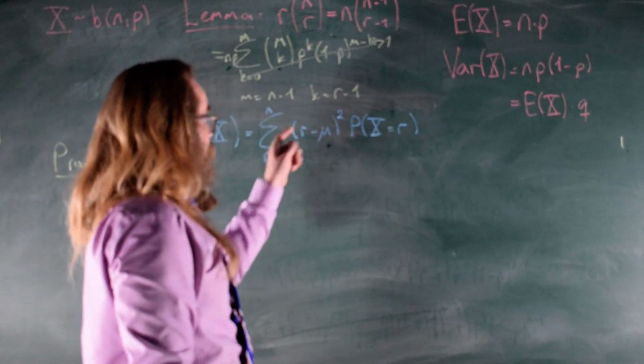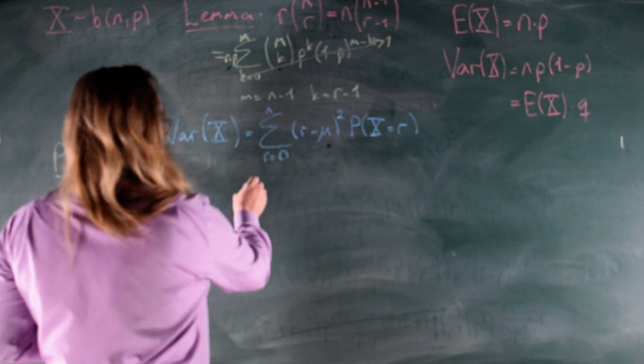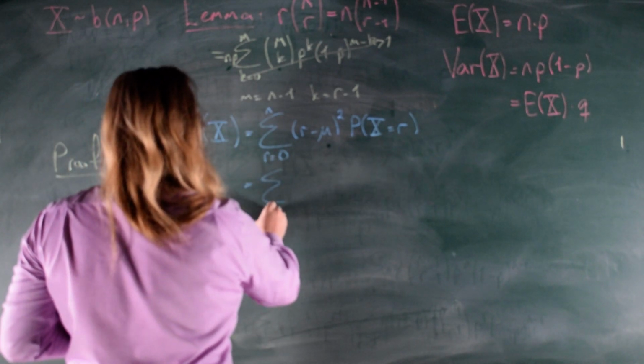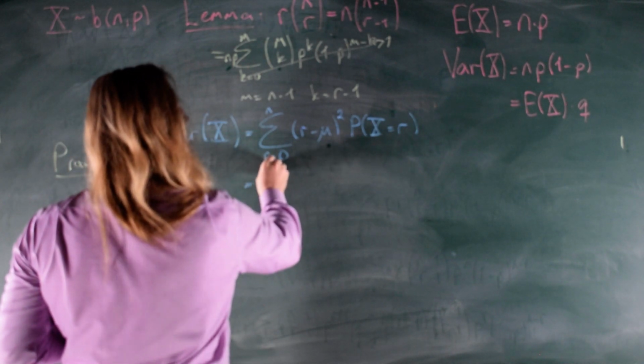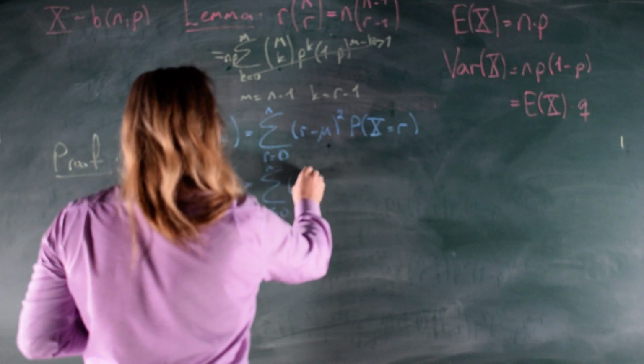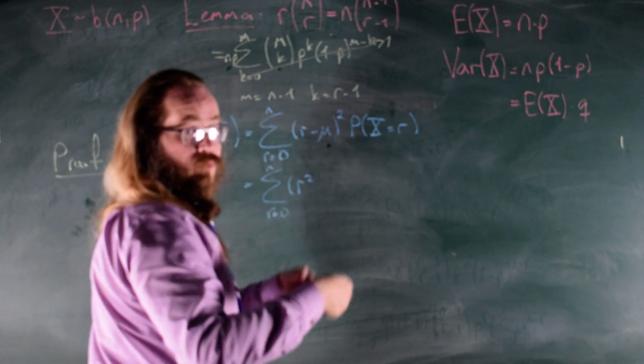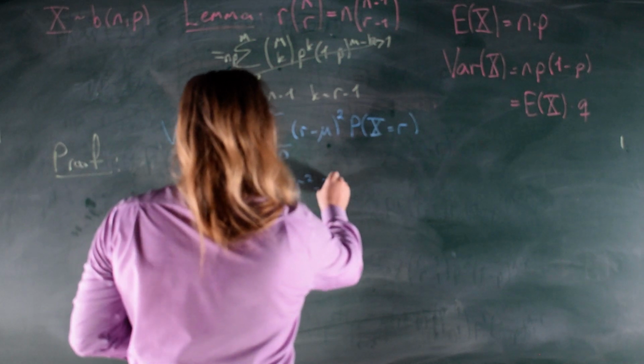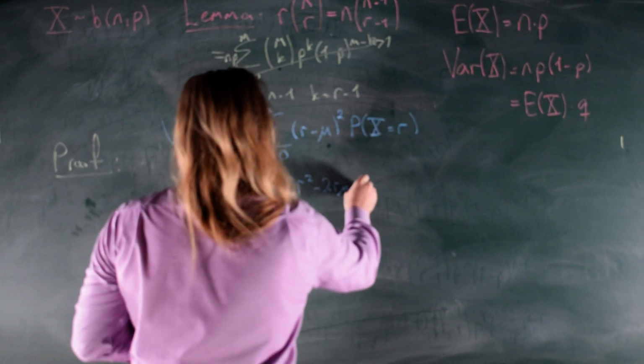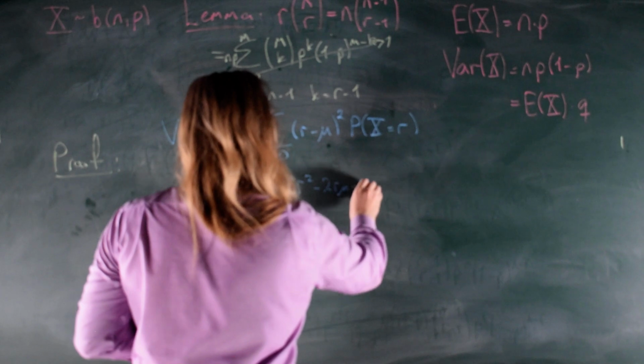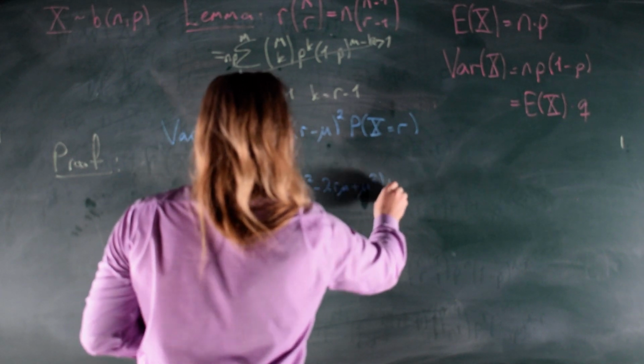I'm going to expand this parenthesis here. And it's going to be r squared. We use the square rule, or whatever you want to call it, minus 2r mu plus mu squared. And still the probability.